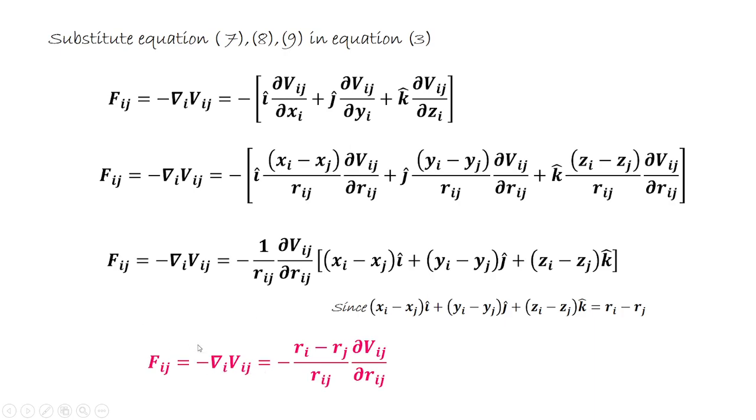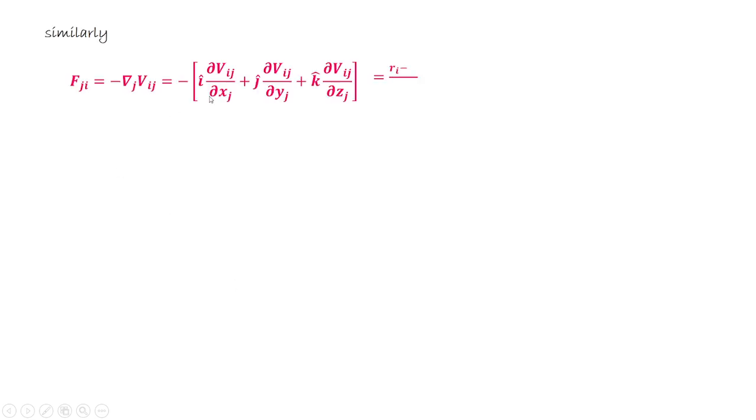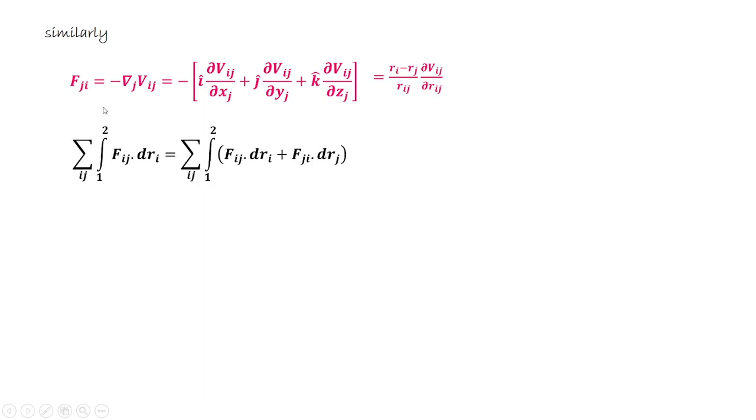Similarly, we are going to derive the fji term also. Just follow the same procedure and you'll get this equation. Then you need to arrange these two equations, fij and, as I said earlier, force ij and force ji also there. Just rearrange this information here, then you will get this formula.